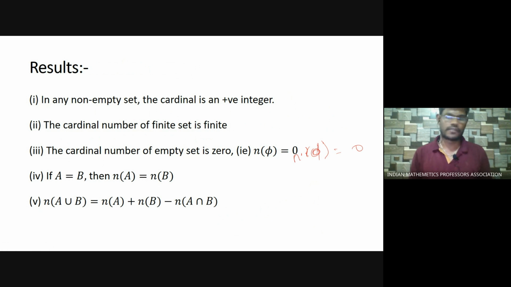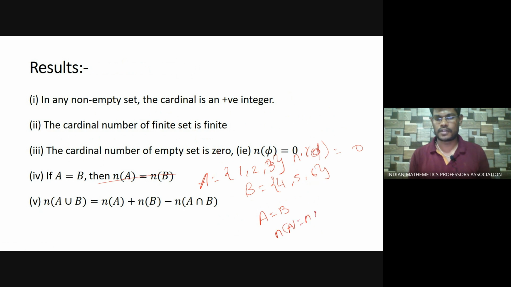Then the fourth result: if A equal to B, then n of A is equal to n of B. If you have two sets, A equal to {1, 2, 3} and B equal to {4, 5, 6}, in both sets we have 3 elements, so we can write A equivalent to B, then n of A equal to n of B, that is 3 equal to 3.